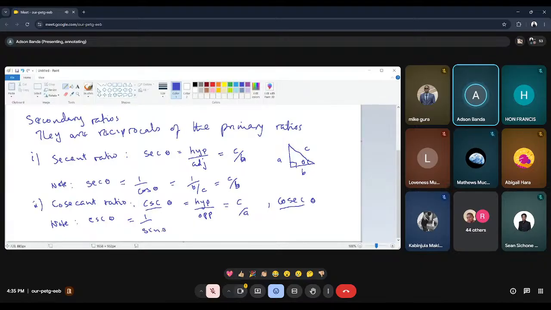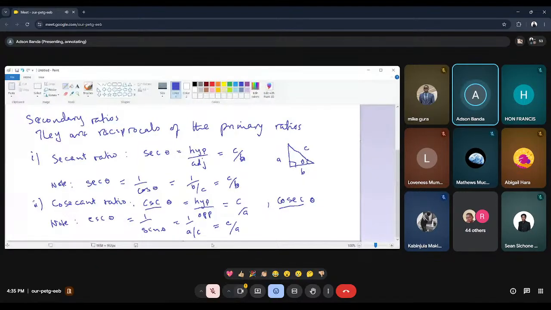So this is what we have, which is just 1 over A divided by C, and that's what gives us C over A. Right, so that is the cosecant of theta, which is the secondary ratio.